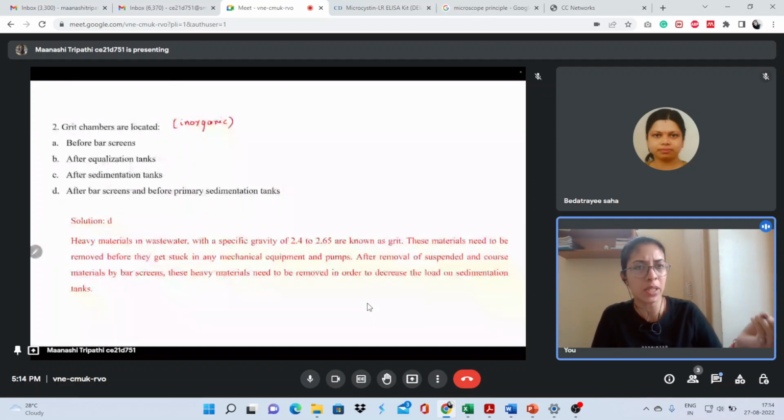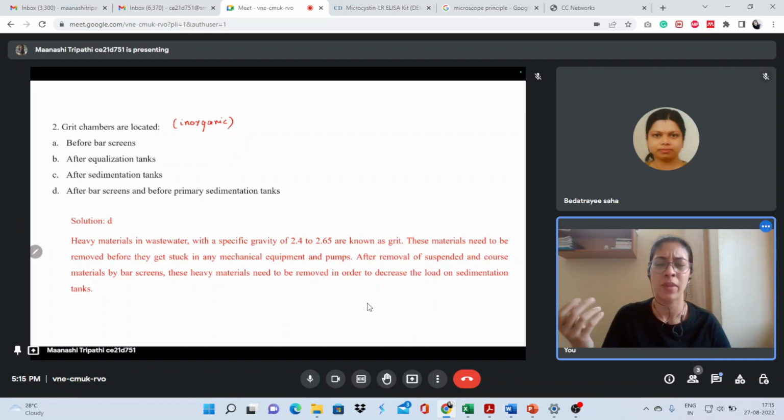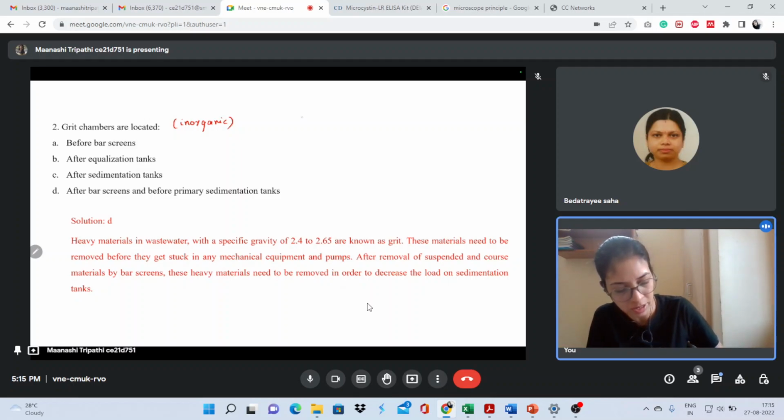Big particles means paper, chips packets, any food packet, as well as fallen leaves. These are bar screens from which water is passed and these big particles are separated.